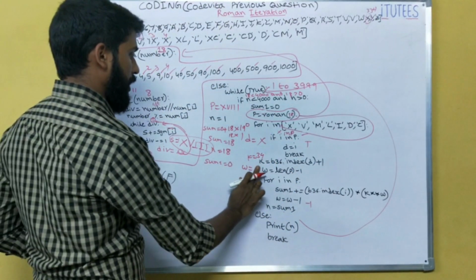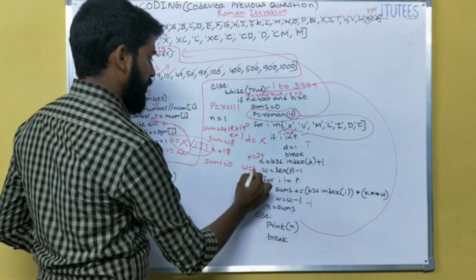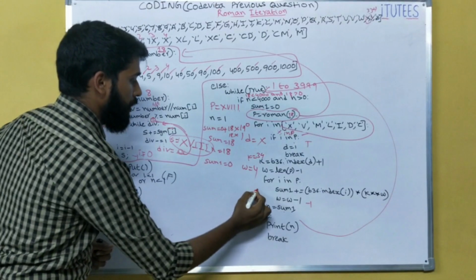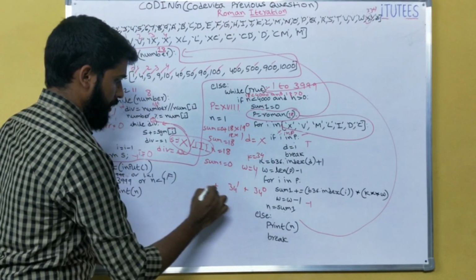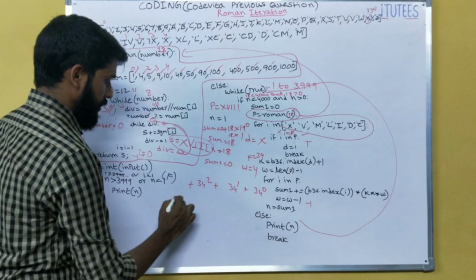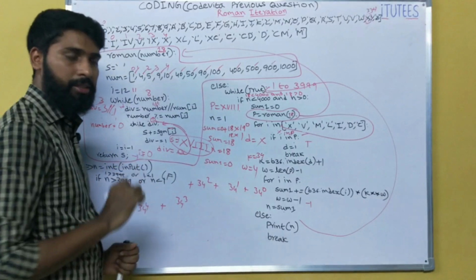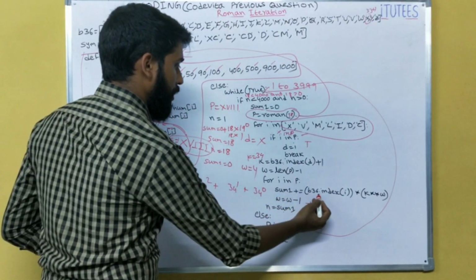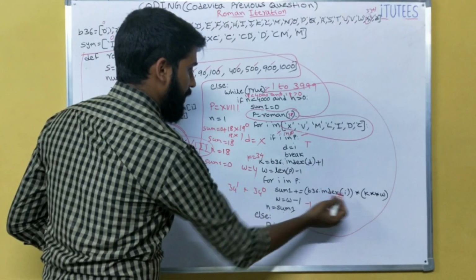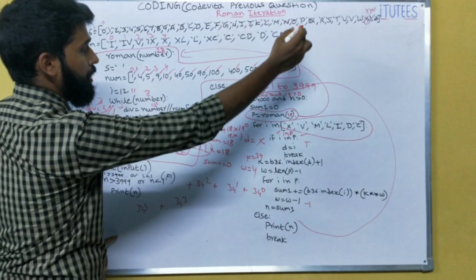So W equals length of P. 1, 2, 3, 4, 5. So 5 minus 1 means 4. That means we are doing 34 power 0 plus 34 power 1 plus 34 power 2 plus 34 power 3 plus 34 power 4. Already we discussed this. So that's why we are taking W. Sum equals B36 dot index of I. So index of I means X. So what is the index of X?